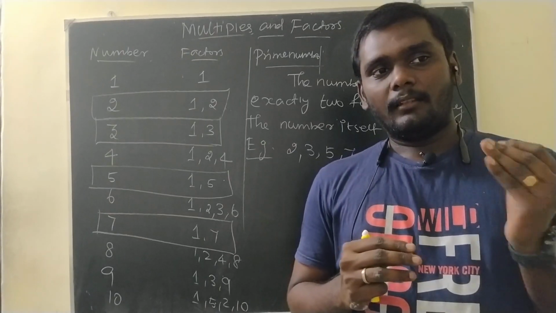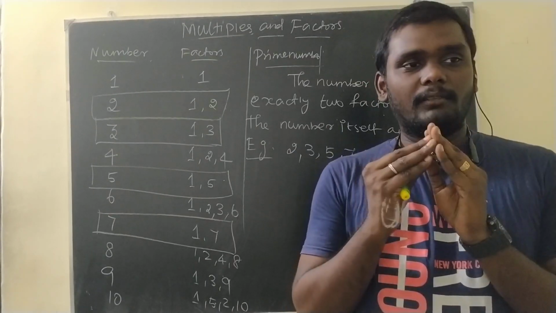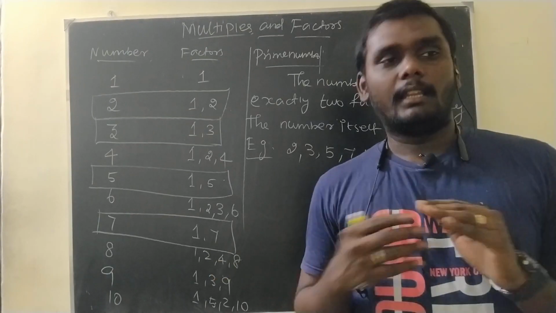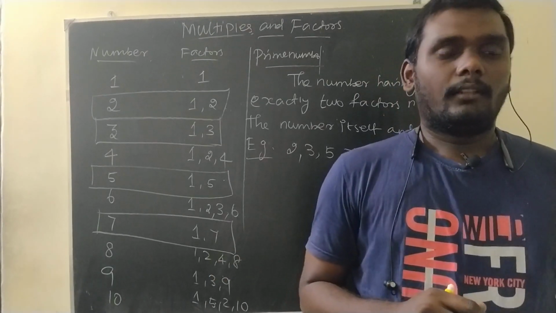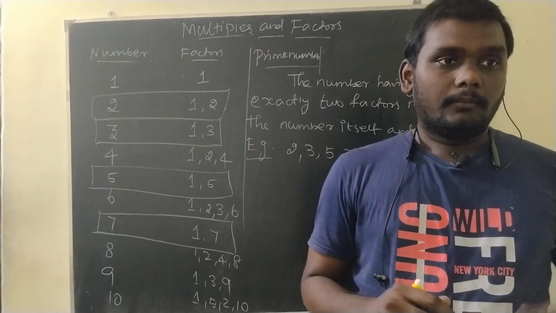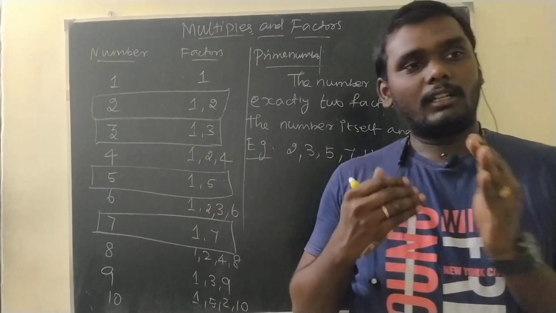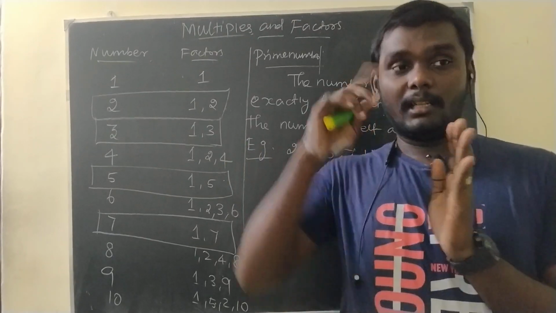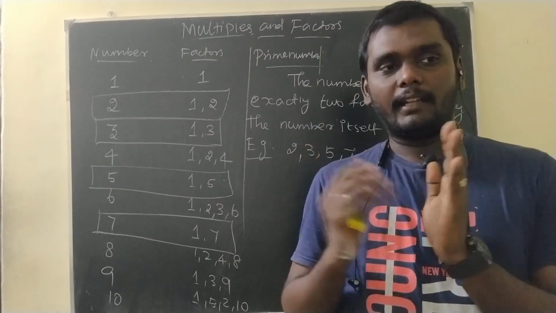In the same way, factors means the numbers which divide another number completely without any remainder. Then we call that a factor. Based on that, a number will have only a finite number of factors. Multiples are infinite, factors are finite.